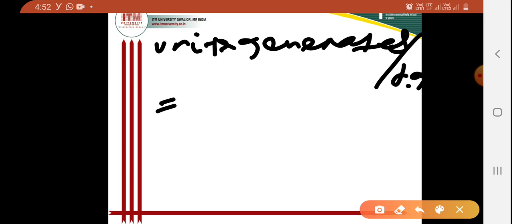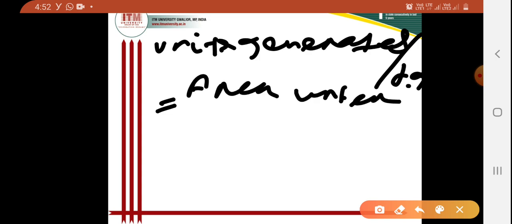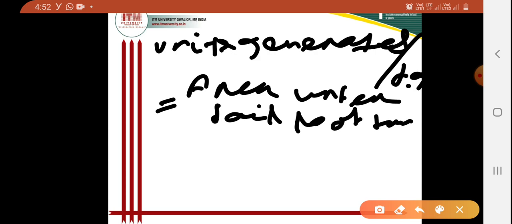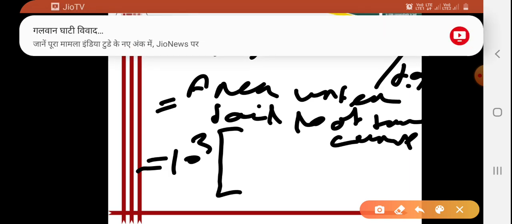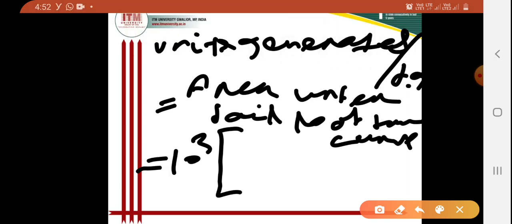According to the load duration curve, we can write the area under the daily load duration curve. Take the common 10 to the power 3 when writing in kilowatt form.